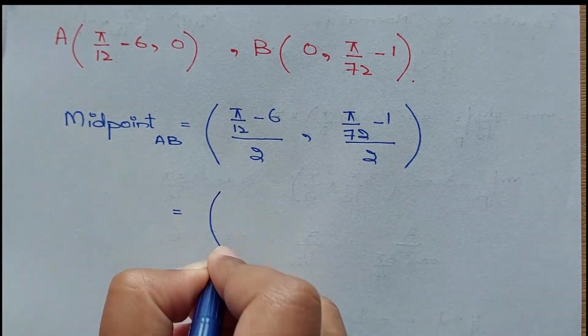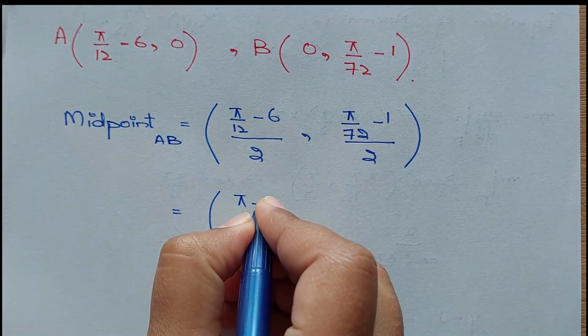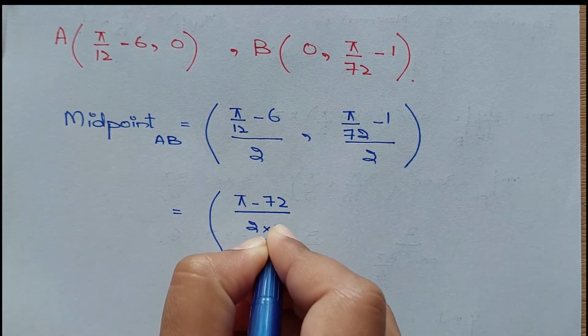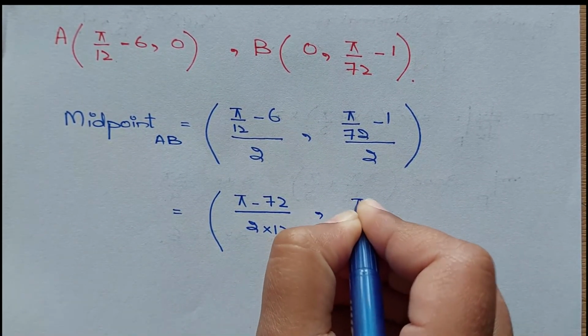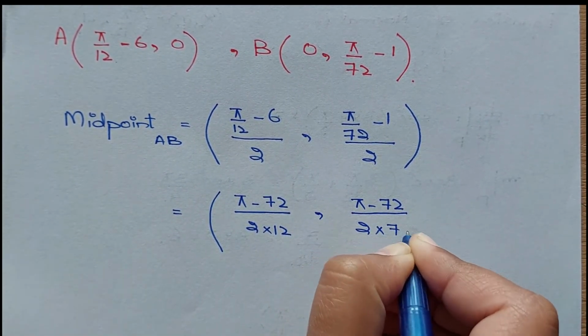So this is going to be pi minus 6 times 12, which is 72, divided by 2 times 12, and pi minus 72 divided by 2 times 72.